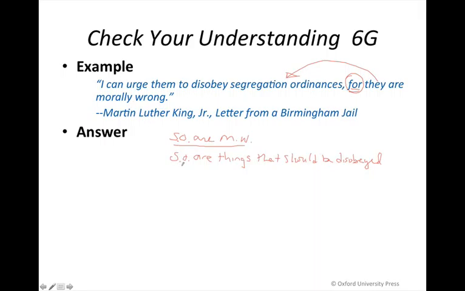So we've got our minor term and our minor premise. Now we need to think about things that should be disobeyed as our major premise, and where that should go in order to make this argument valid.